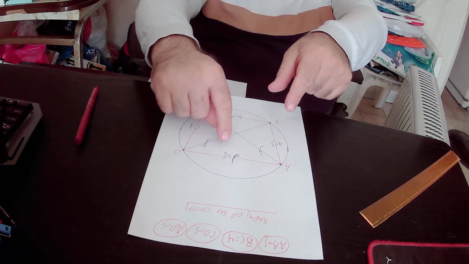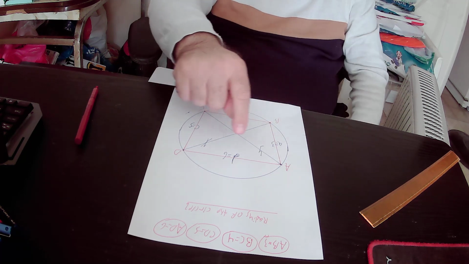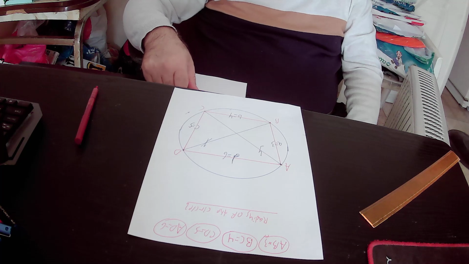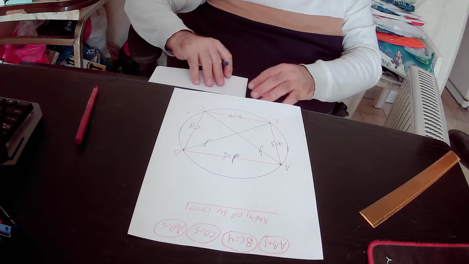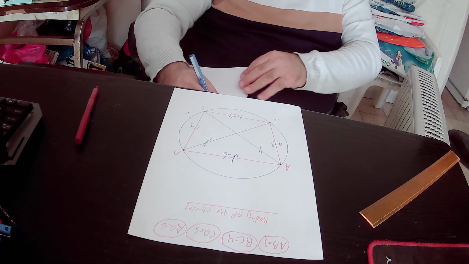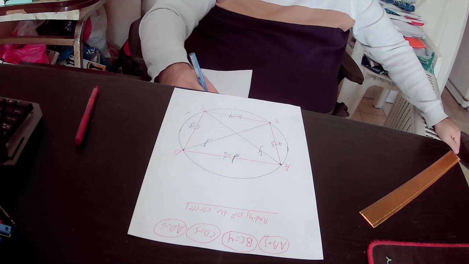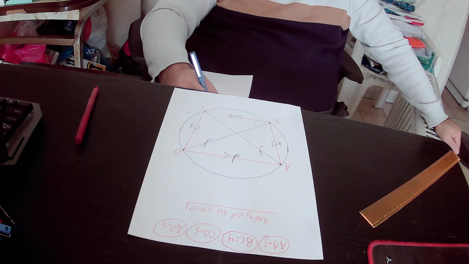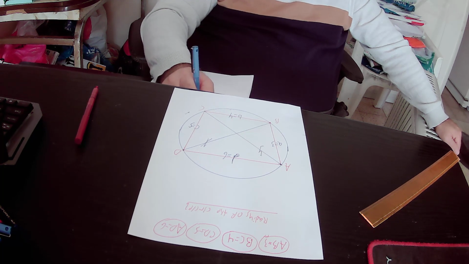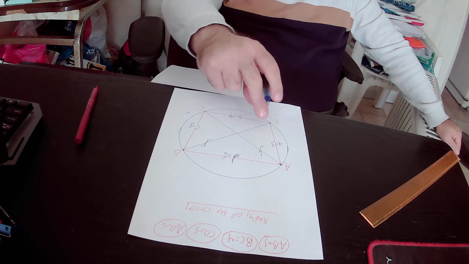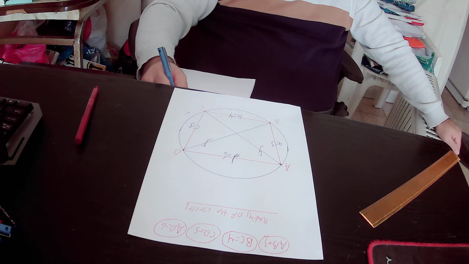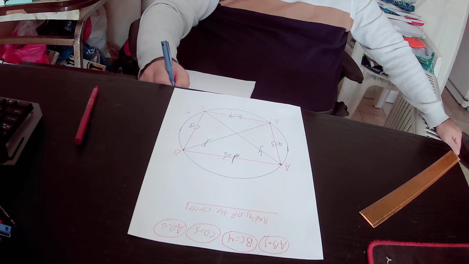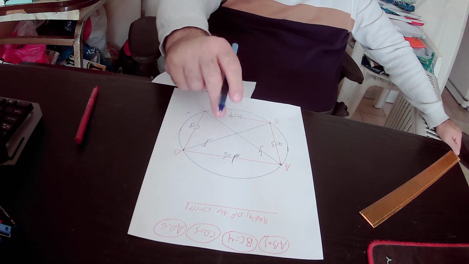So I write it down: the area of this quadrilateral ABCD in the red color equals the area of triangle ABC plus the area of triangle ADC.